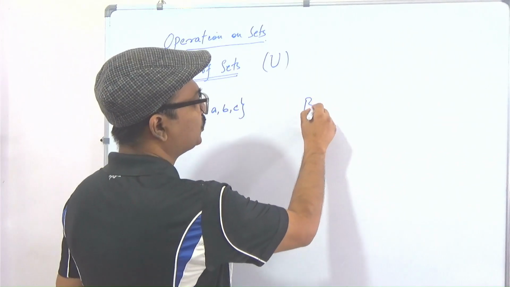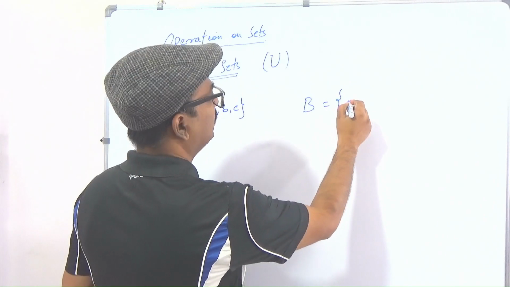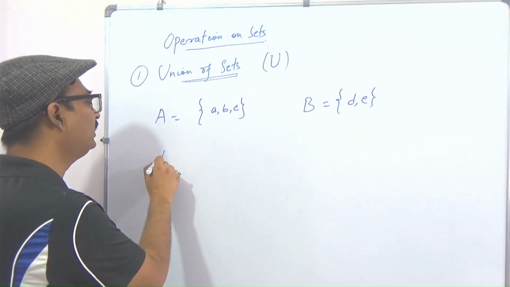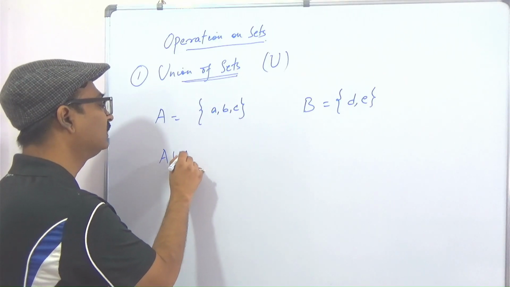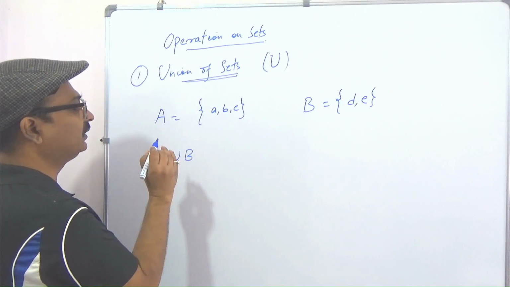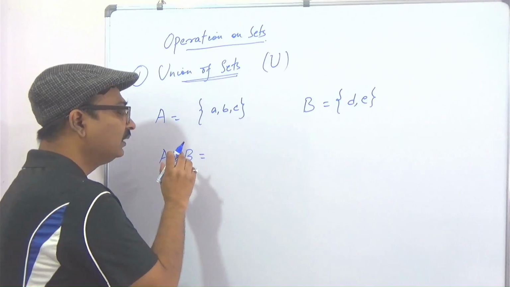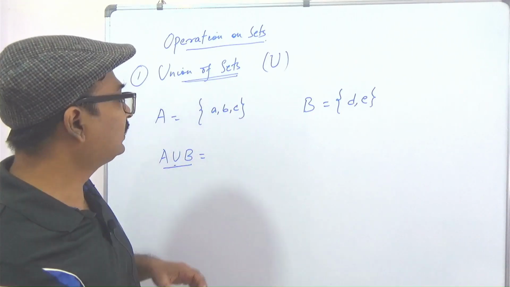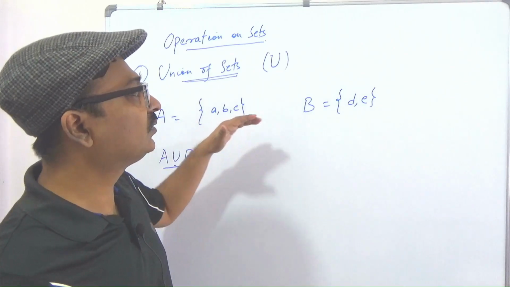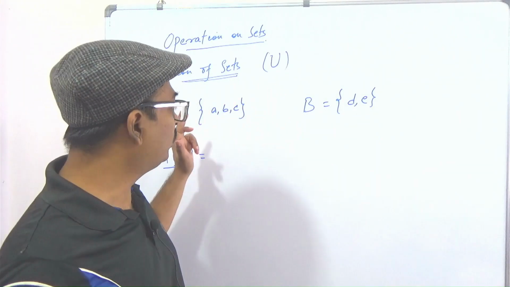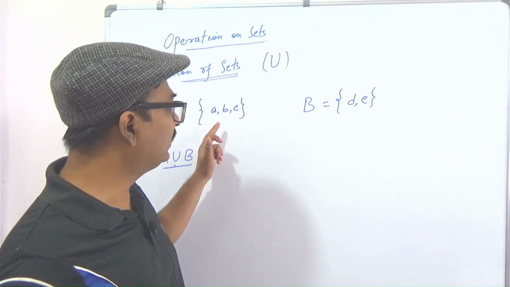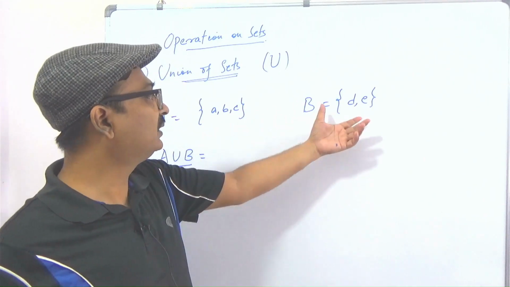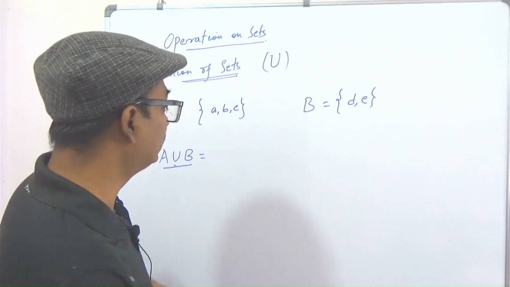The second set is B. It has d and e. Now A union B, this is the symbol. A union B is a set that comprises all the elements of A and B, that is, all the elements that are present in A or present in B. All those elements are present in A union B.